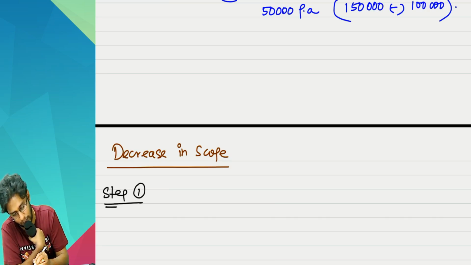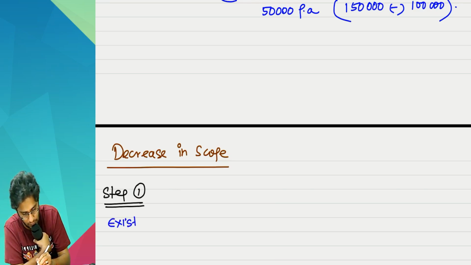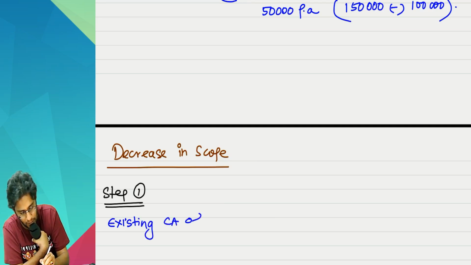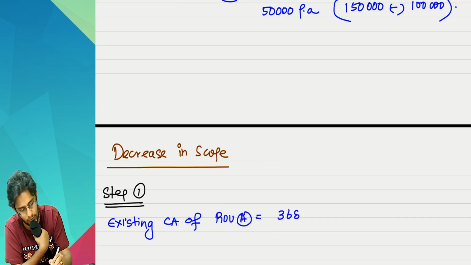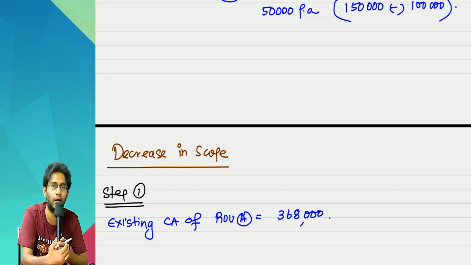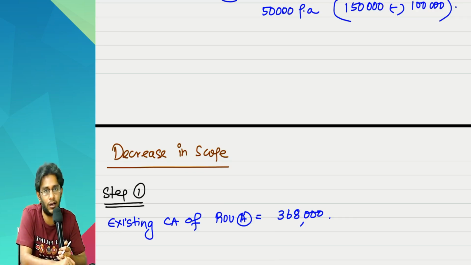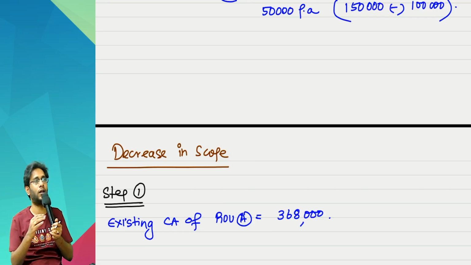Step number 1. Existing carrying amount of the ROU asset, which we already worked out, is 3,68,000. Normally I would have depreciated 368,000 over the next 5 years. But had I known on the first day that I would use this asset only for 8 years, today my balance should not be 368,000, so correspondingly reduce it.